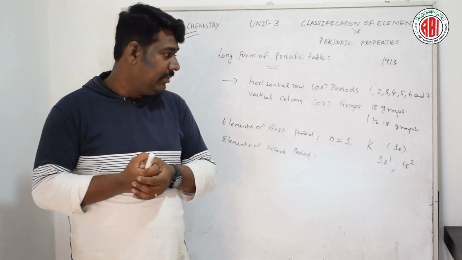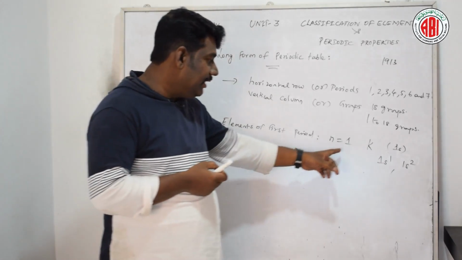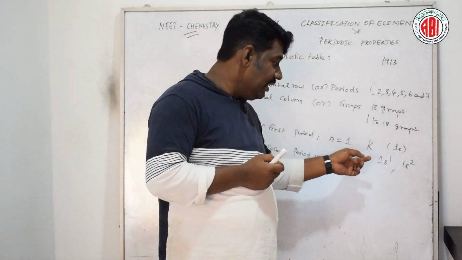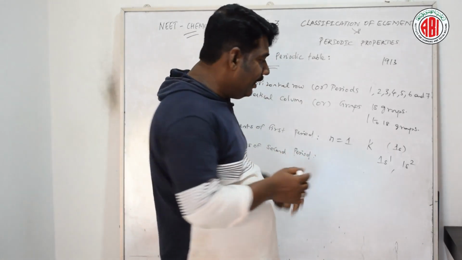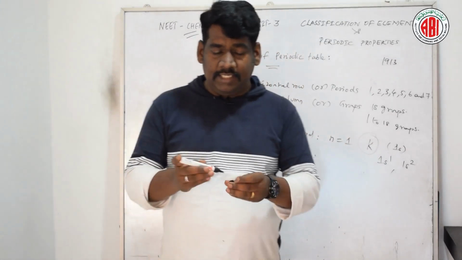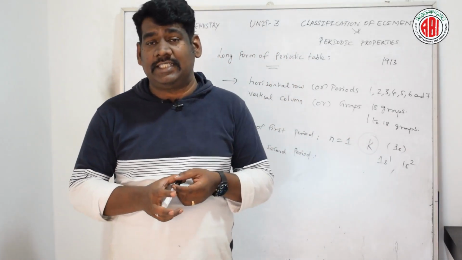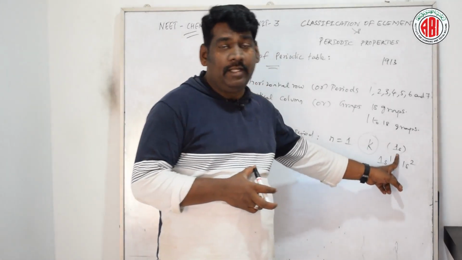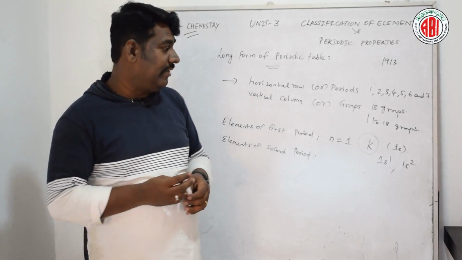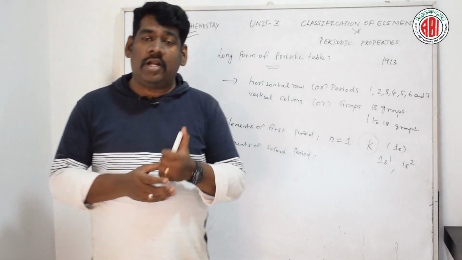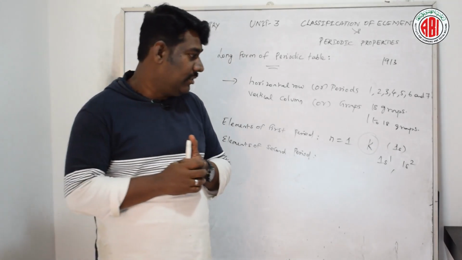The reason is the n value equal to 1, and this is the first energy shell, and the first energy shell is denoted as K. Now the first energy shell, K, has only one orbital, that is what? 1s orbital. As we know, the structure of s orbital is spherical in shape, and it is able to accommodate only 2 electrons, right?